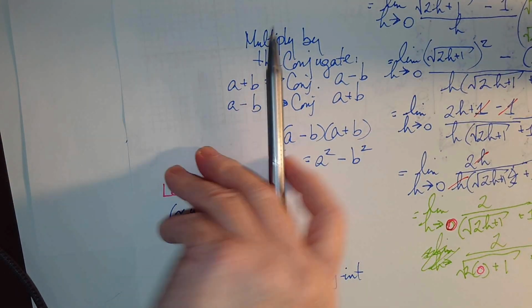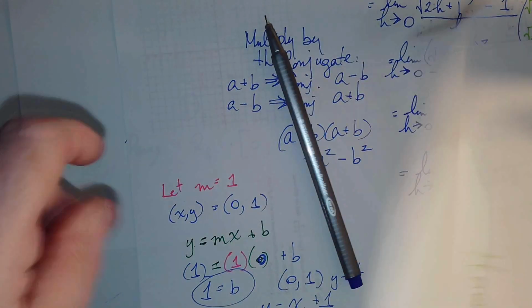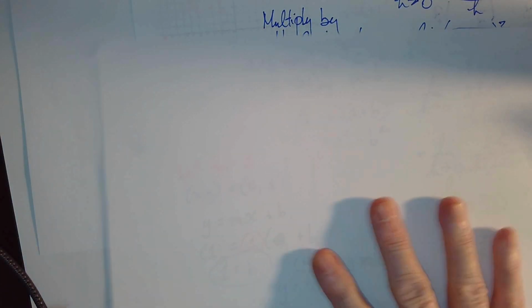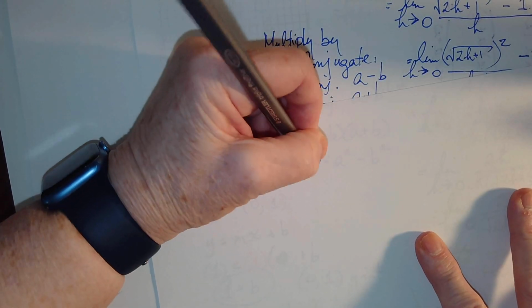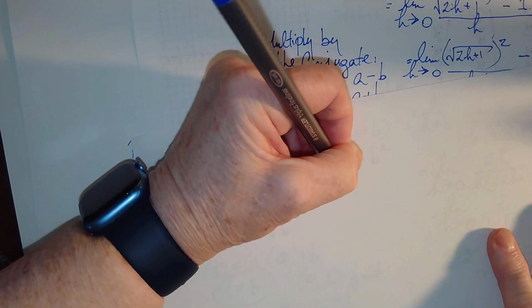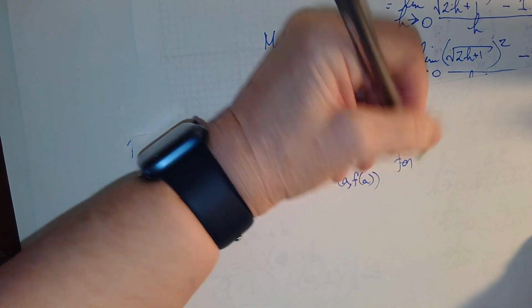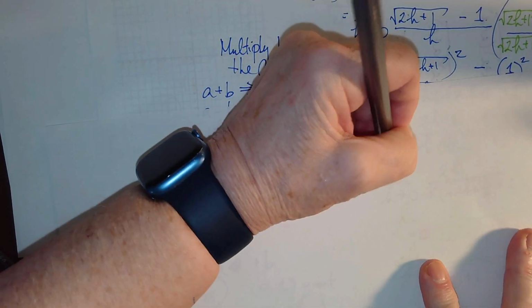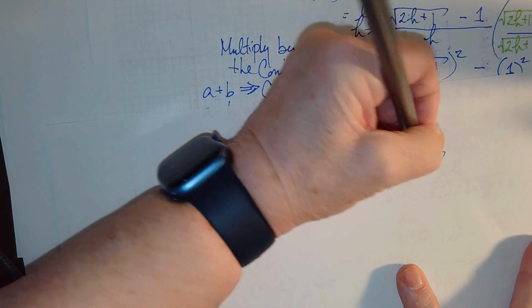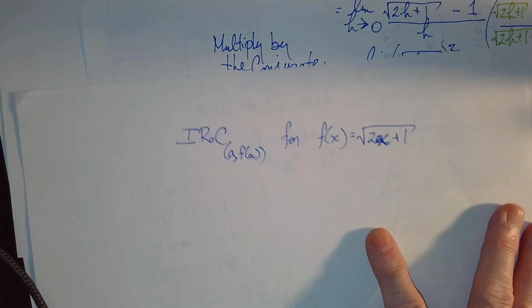Now, let's do the ultimate fun one. Let's find the instantaneous rate of change at the point (a, f(a)) for f(x) equal to the square root of 2x plus 1.